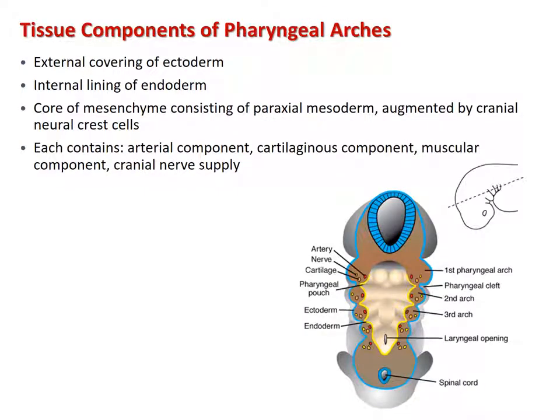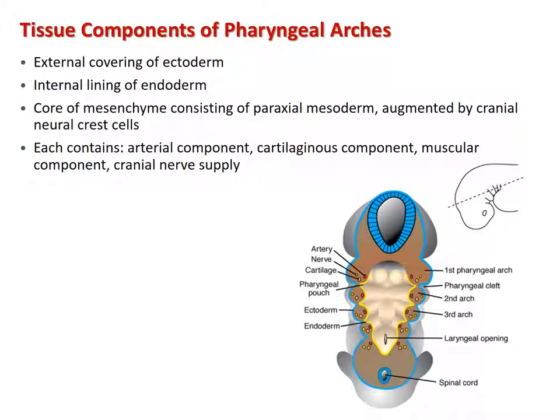This slide illustrates the cut view along the hashed line. Each pharyngeal arch is covered externally by ectoderm and lined internally by endoderm. Each arch contains a core of mesenchyme or embryonic connective tissue consisting of paraxial mesoderm that is augmented by cranial neural crest cells.